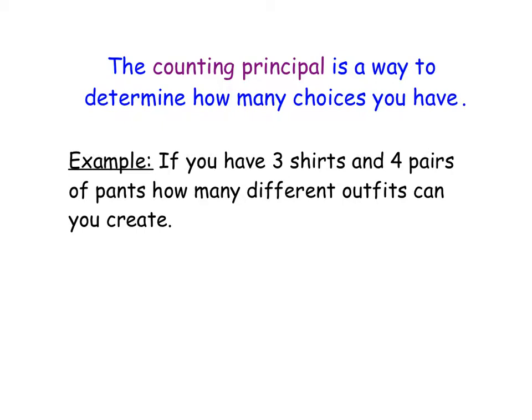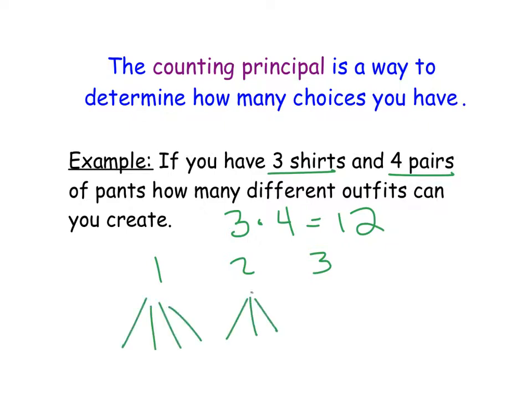how many possibilities. So I have 3 shirts and 4 pairs of pants. How many different outfits can you create? The counting principle simply states 3 times 4. There are 12 possibilities. And to show you, I have shirt 1, 2, and 3, and then 4 pairs of pants. So 4 different pants.